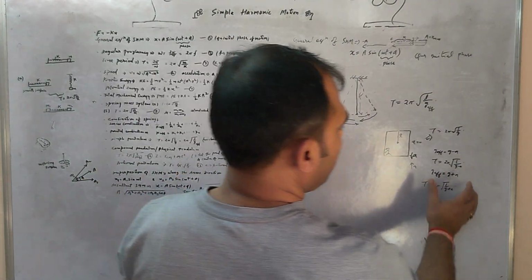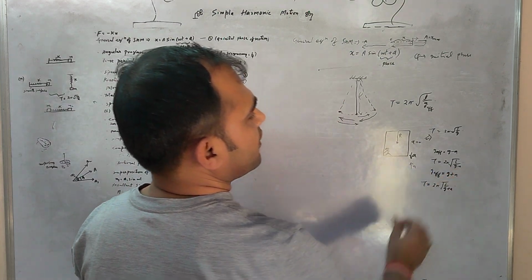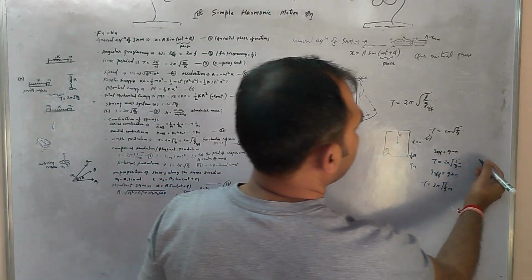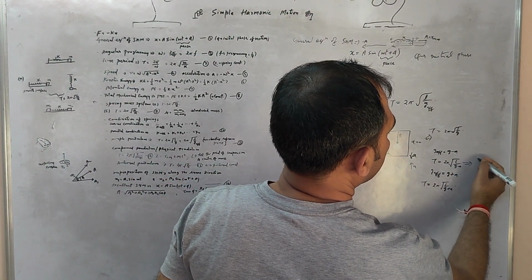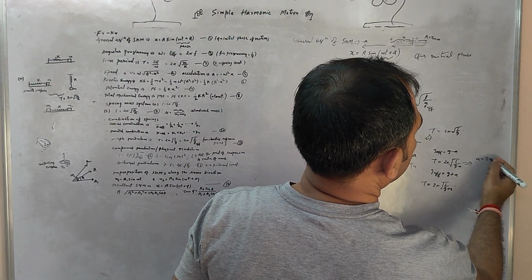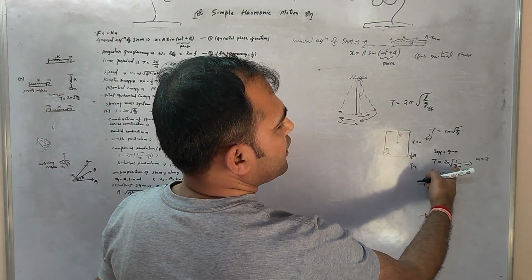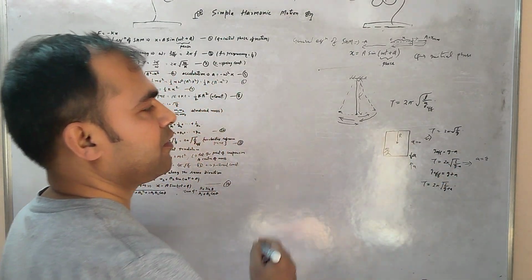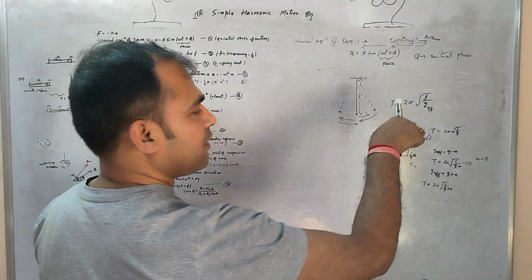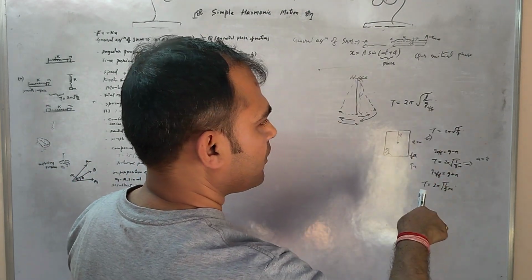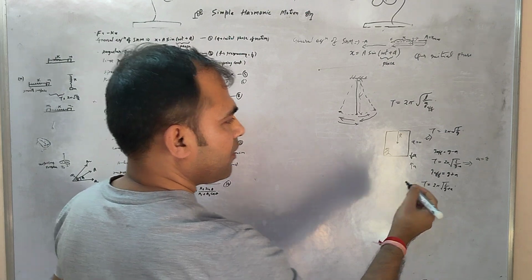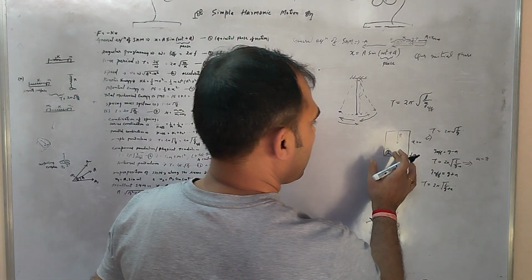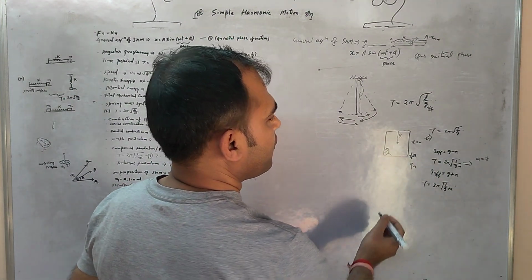Okay, now here let us say when moving downward with acceleration a, if a becomes g, then this will become 0, so the time period will be infinite. That means this will be a free fall motion, and there will be no simple harmonic motion as observed by the observer.